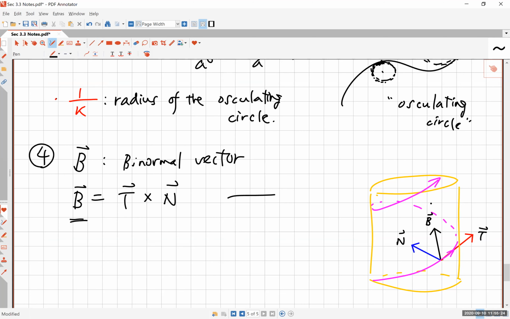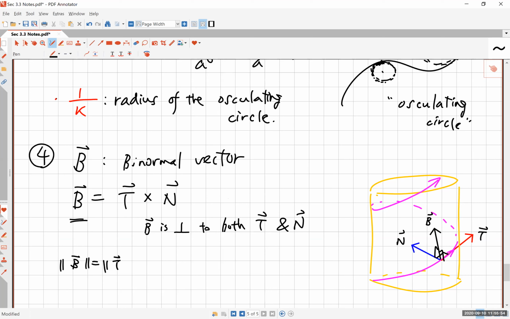What does it mean? I want you to know T and N are perpendicular to each other. Because B is the cross product of T and N, it is perpendicular to both. So what we have here is like your X, Y, Z coordinates. Now what's the norm of B?